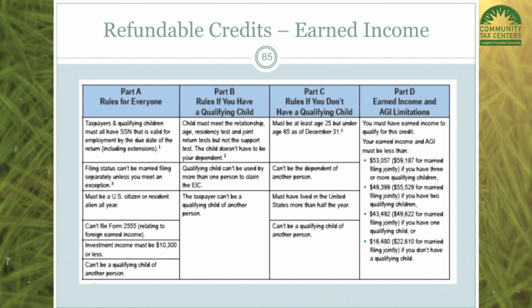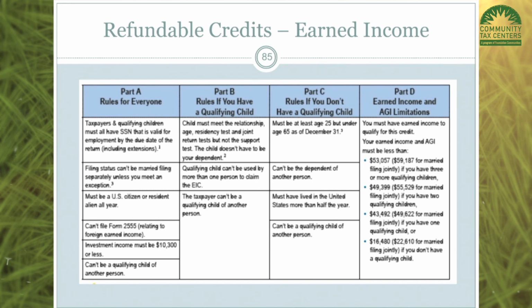Married filing separate, that out of scope filing status, does not qualify them. It excludes them from the earned income credit. So that's why we're going to see if they can maybe file as head of household, if they did not live together those last 6 months of the year. They must be a U.S. citizen or resident alien all year.